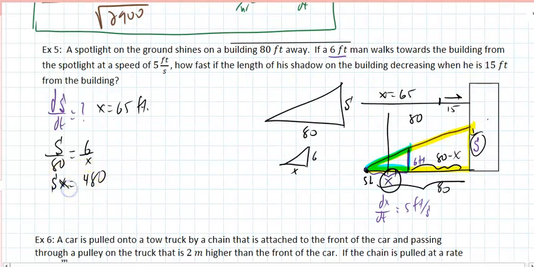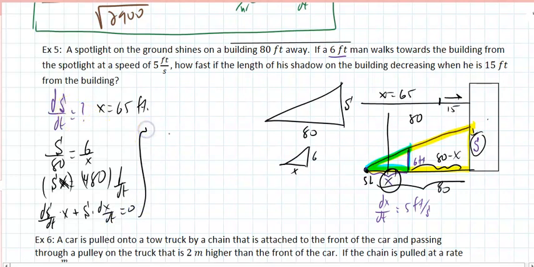And now if I take a derivative, I will get ds/dt times x plus s times dx/dt equals 0.